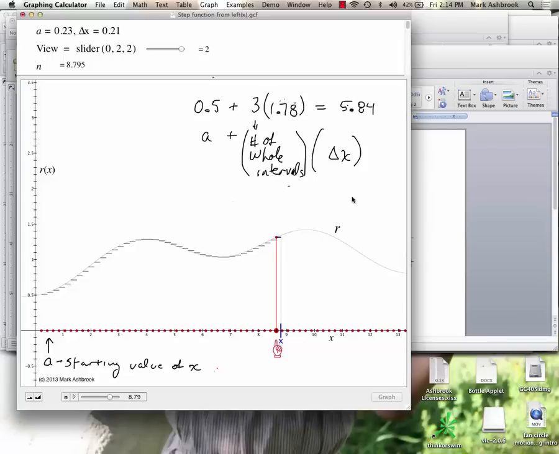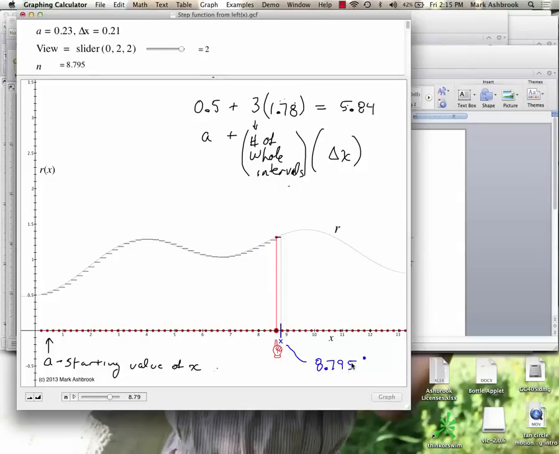And I can make it even smaller. I can make this 0.07, and you won't be able to see it all. So how are we going to get the number of whole intervals? Here's the clue. Now we need to actually use the current X, right? The current X is 8.795.